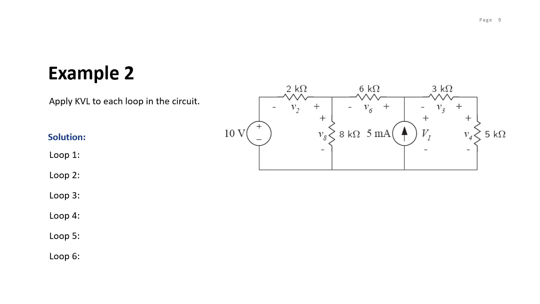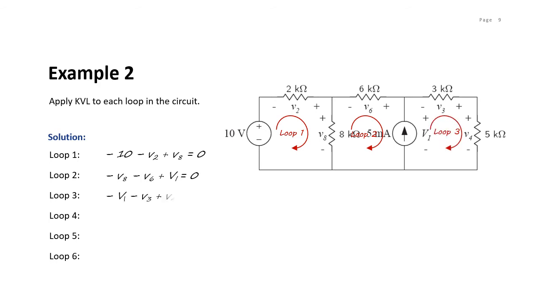Okay, so this is loop 1, and the KVL is minus 10 minus V2 plus V8 equals 0. For loop 2, it is minus V8 minus V6 plus V1 equals 0. And then we go to the next loop. It is minus V1 minus V3 plus V4. Okay, where's loop 4? It should be here.